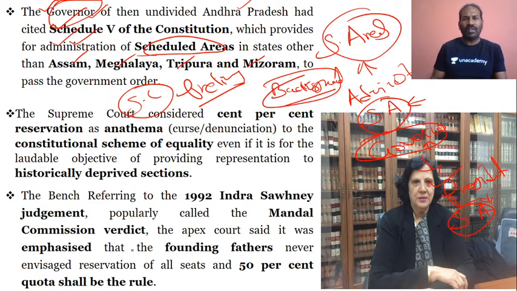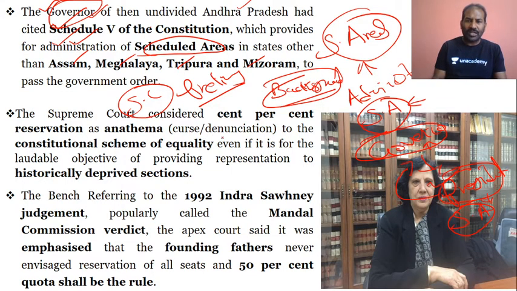Fine. So the governor then has mentioned that as per Schedule 5 of the Constitution, who administers the scheduled areas in a state will be decided by the governor, and the president, as per the fifth schedule, will have a consultation with the governor and then define the scheduled areas.